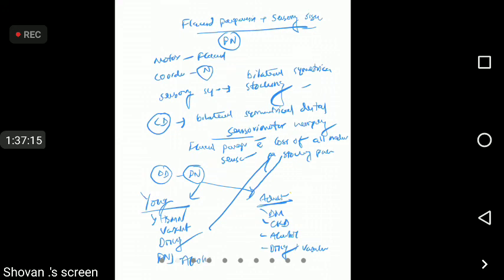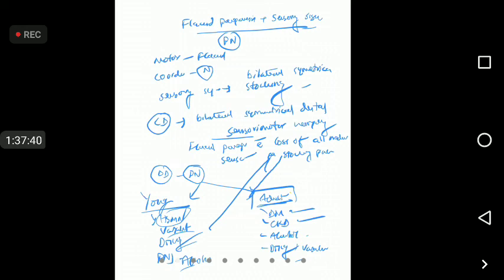In an adult: diabetes, CKD, alcohol, drug, again paraneoplastic syndrome, carcinomatous neuropathy. All those things may cause a flaccid, bilateral, symmetrical, distal sensorimotor neuropathy.